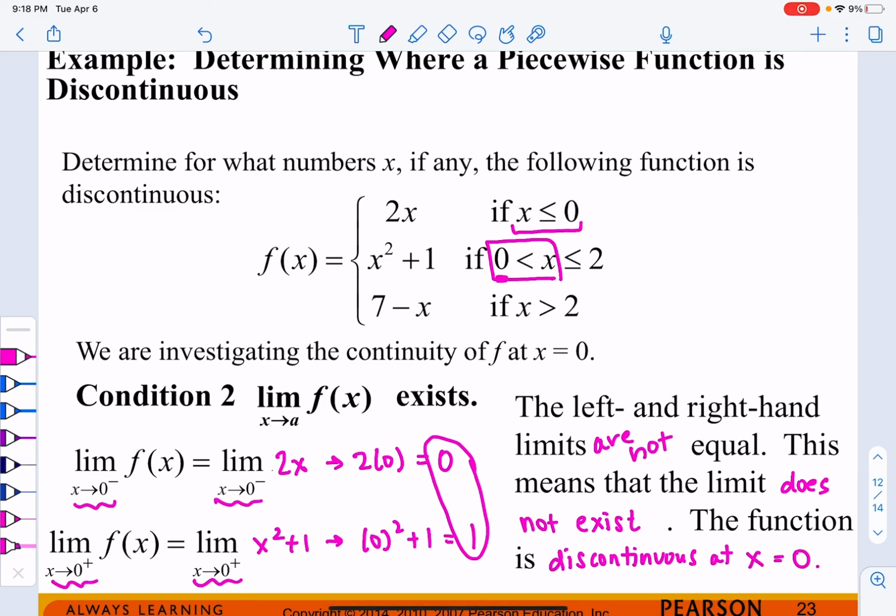Now, all they wanted us to do was determine for what numbers x, if any, the following function is discontinuous. I already found that it's discontinuous, which means I don't need to double check my second value here. If it was continuous at 0, I'd have to follow that same process to double check that other jump in my graph.